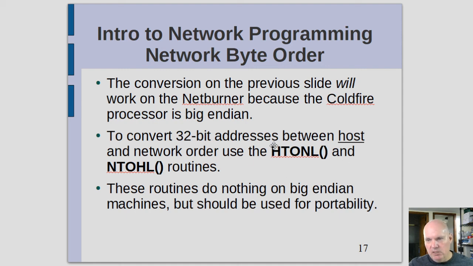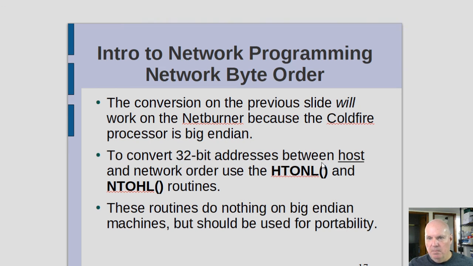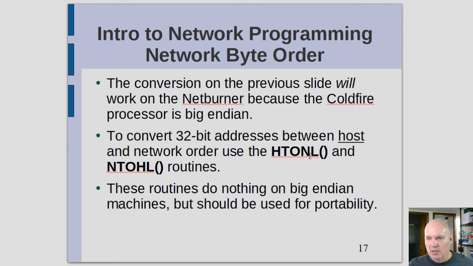On a big endian processor, it won't do anything, but on a little endian processor, it won't do anything. Got that backwards. On a big endian processor, it won't do anything because big endian is already in network order. And on a little endian processor, it'll swap the bytes back and forth.